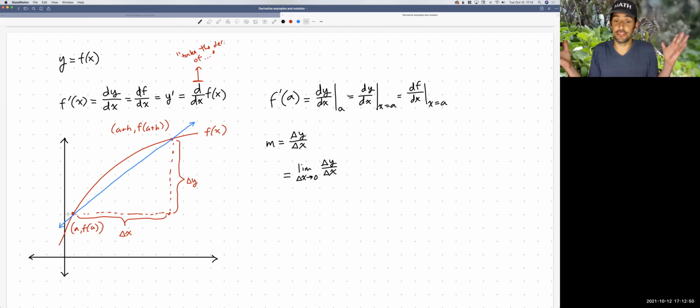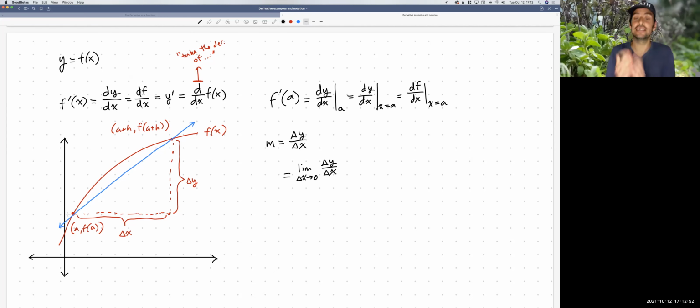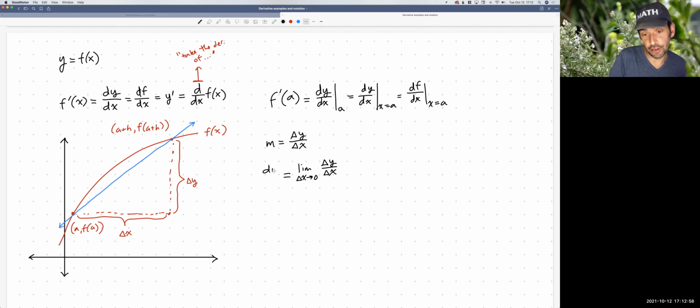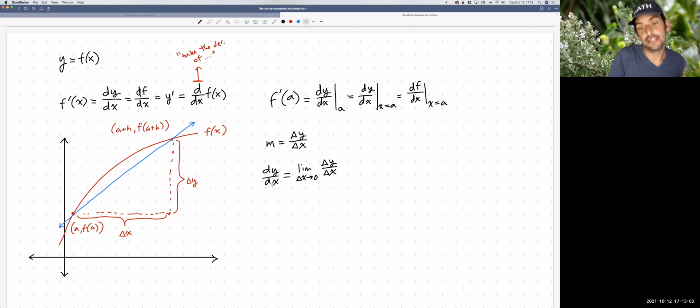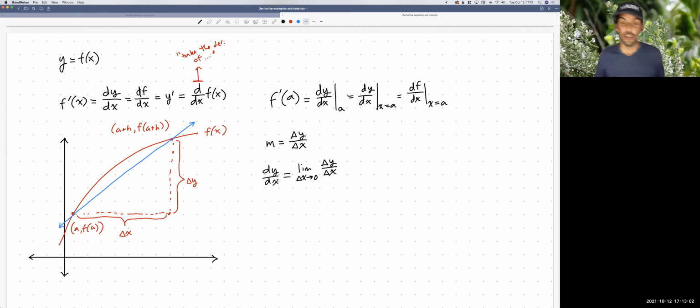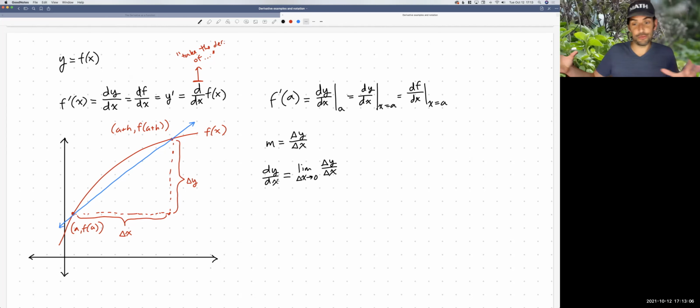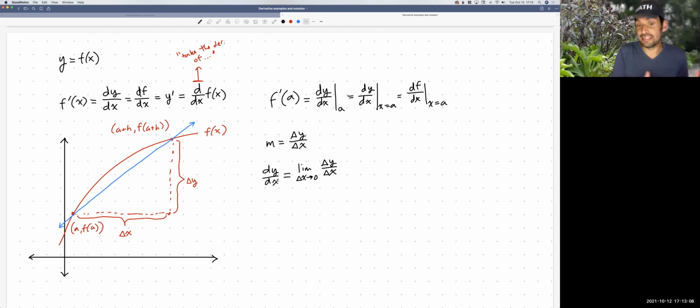It's the same idea. We're just using a different notation. So shrink that difference between them, and that's what we call dy dx, right? So these delta y's and delta x's, as we shrink them, we switch over to dy dx.